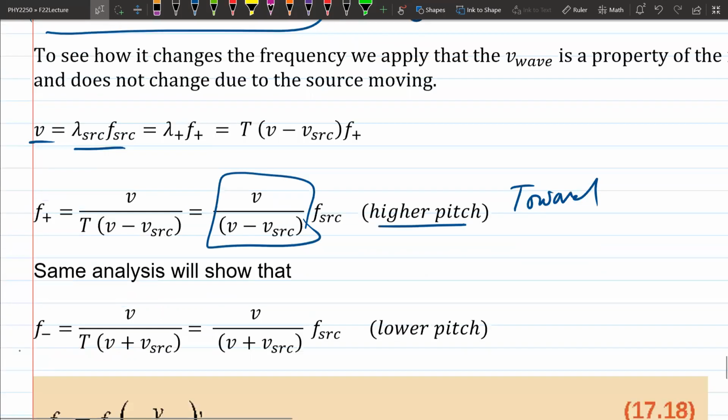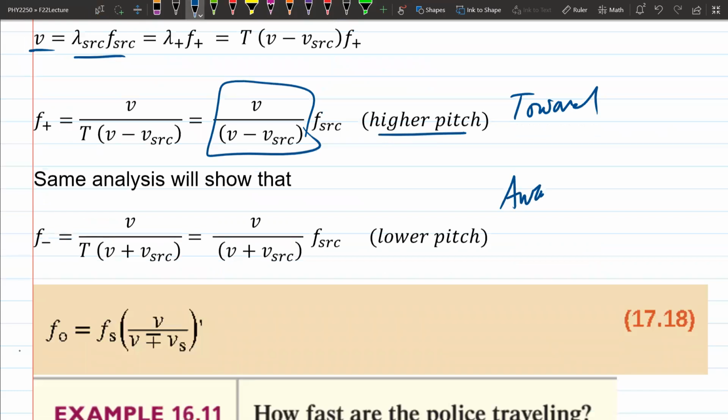When it goes away from you, you're going to have the woo sound, which has a lower pitch, and that's because the speed of sound is still the same, 350. But then instead of subtracting, now you're adding. When you add, this will become 400. So this will be a number that's less than 1. So you get a frequency that's actually lower, okay?